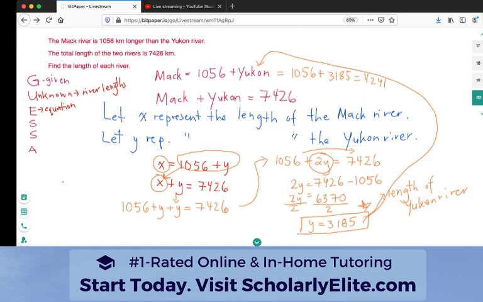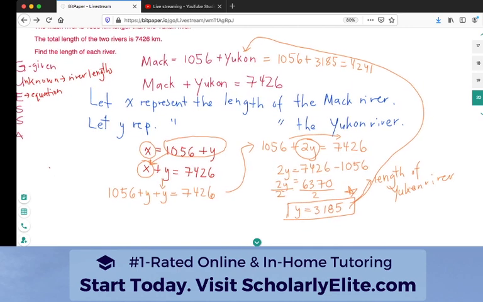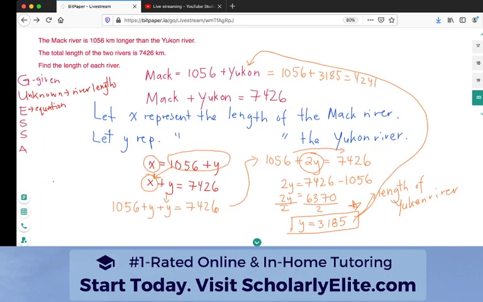We kind of ran out of space here, so let's move all this stuff up and over. Cool. Okay, guys, so our final answer is that the Mac River is equal to 4,241 kilometers, and the Yukon River is equal to 3,185 kilometers.